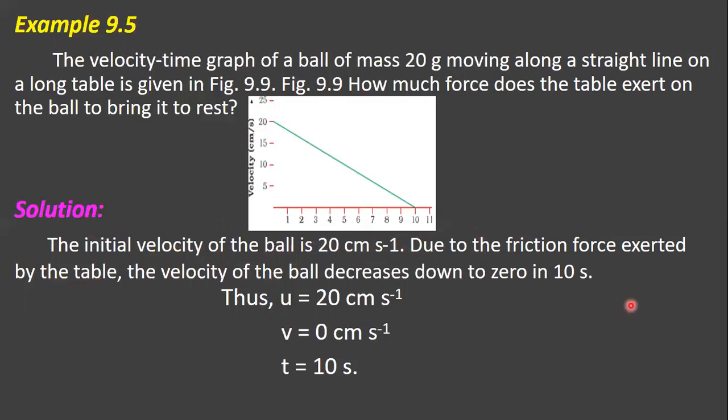Due to the friction force exerted by the table, the velocity of the ball decreases down to 0 in 10 seconds. Thus, initial velocity u equals 20 centimeter per second, final velocity v is 0 centimeter per second and time is 10 seconds.